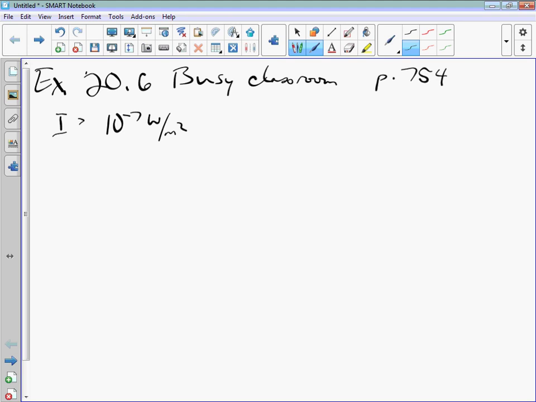But the way that intensity level is calculated is with this Greek letter beta, which represents intensity level, and is equal to 10 times the log of your intensity over your reference intensity, or what we can refer to as the hearing threshold for humans.